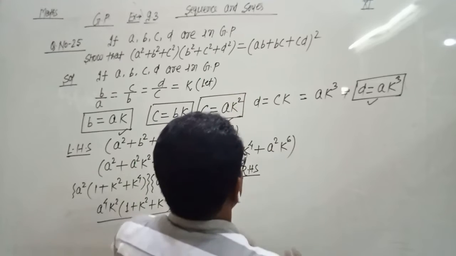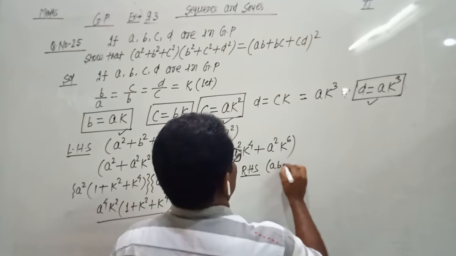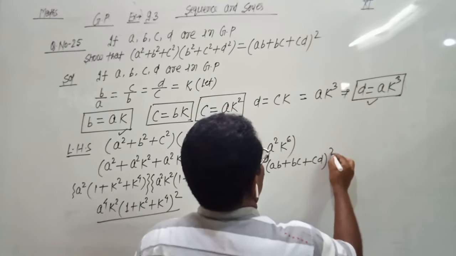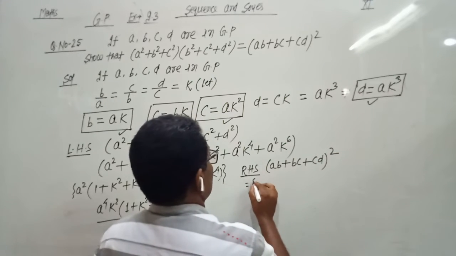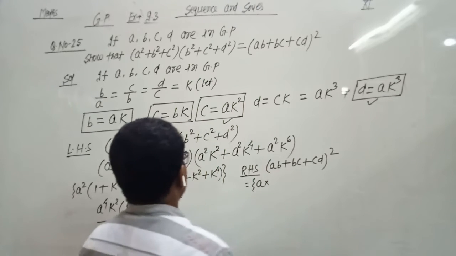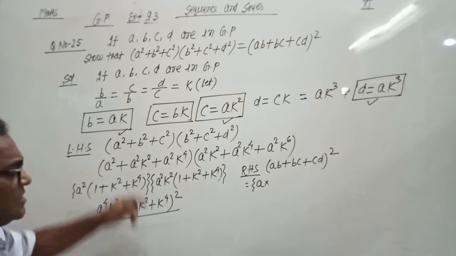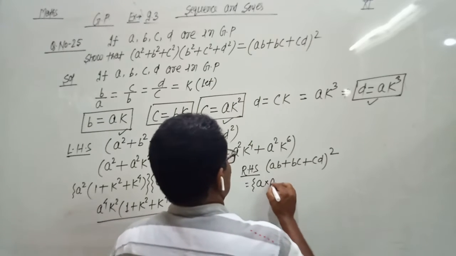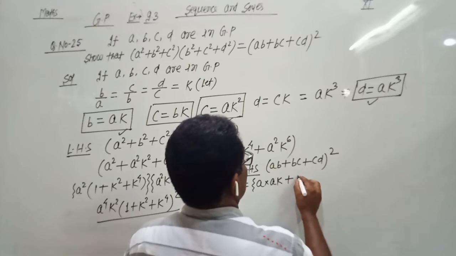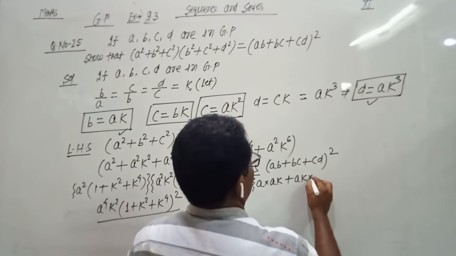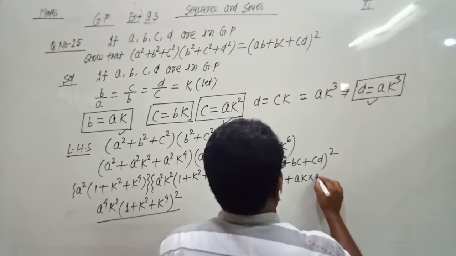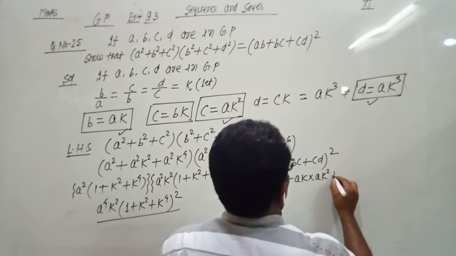So the RHS is (AB plus BC plus CD) the whole square. Now the value of A as it is, and at the place of B we can write A into K. Again at the place of B we write A into K, and at the place of C we can write A into K square.